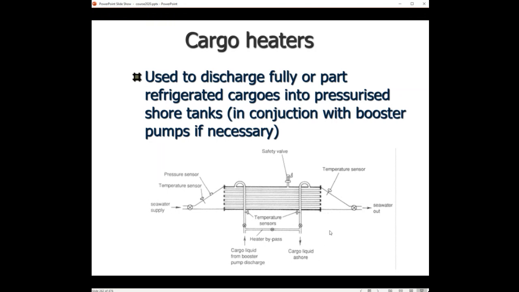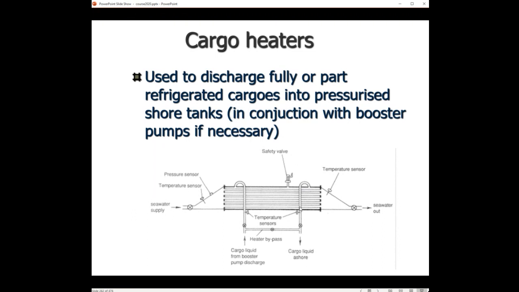Let's assume +10 degrees, because you are limited by this sensor here. The outlet of the seawater must always be above +5. You take a bit of margin above that, because otherwise your system will trip the whole time. So let's say +7, +8 for the outlet seawater temperature.